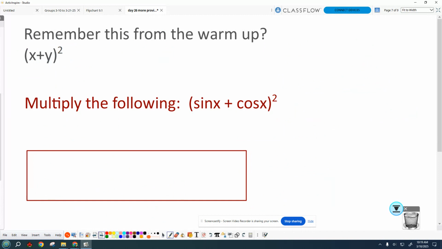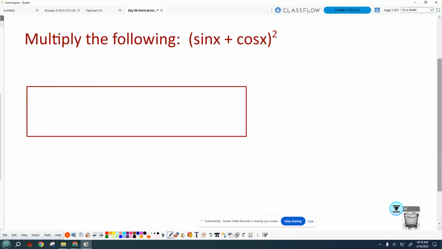Can you guys do this? What is sine plus cosine, squared? So what do you get?